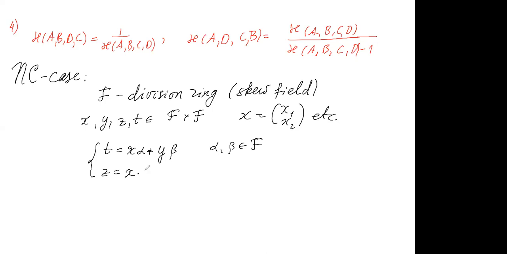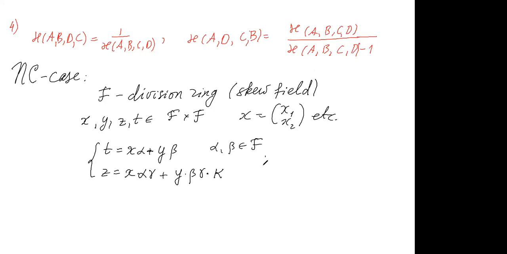Now, using the fact that we have a division ring and assuming that everything is invertible as long as we want it to be invertible, we can write the coefficient here as a product of alpha and some gamma. And the coefficient at Y we shall write even more straightforwardly as a product of beta as before, gamma, and some new coefficient kappa.